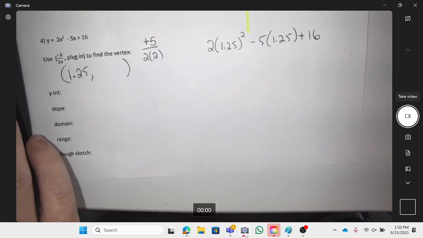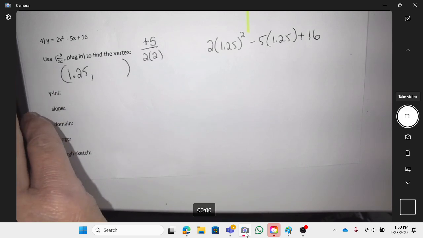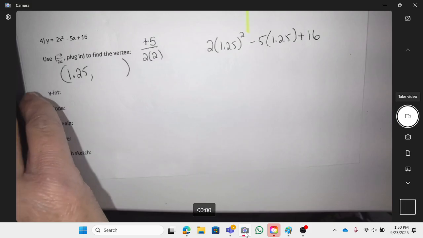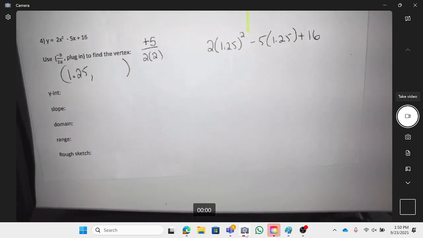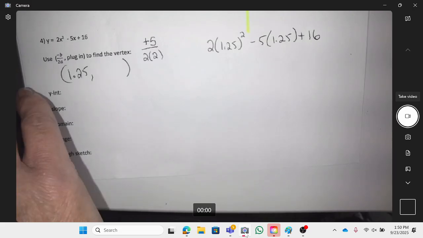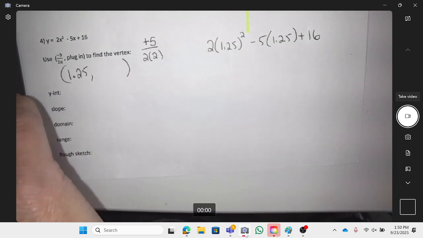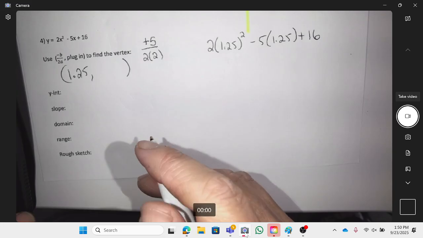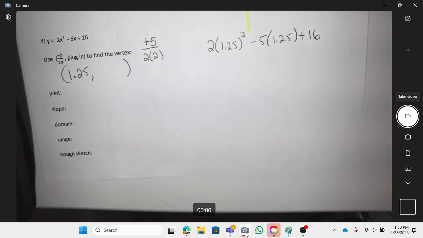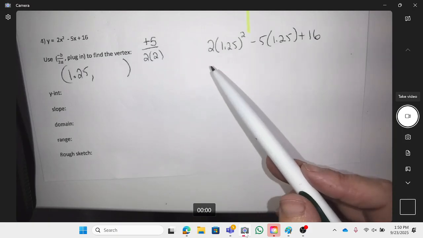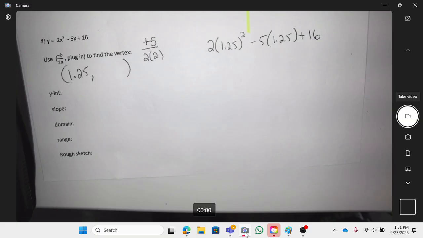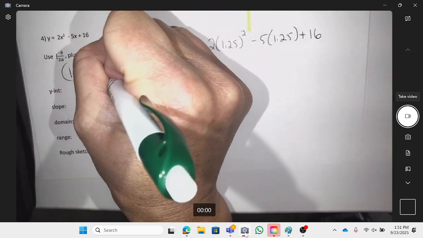Input. Okay, my expectation would be you're running this into your calculator on this one, right? You should be able to just let it flow. Don't worry about anything. It should do the math for you. Are you matching me?